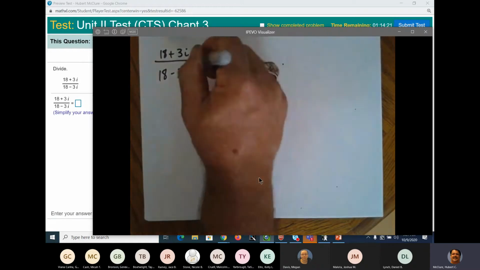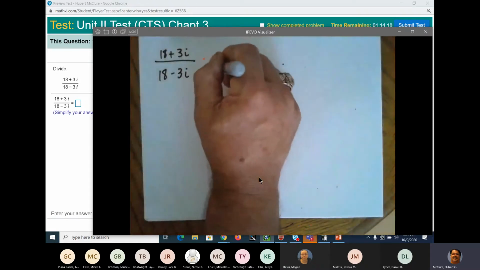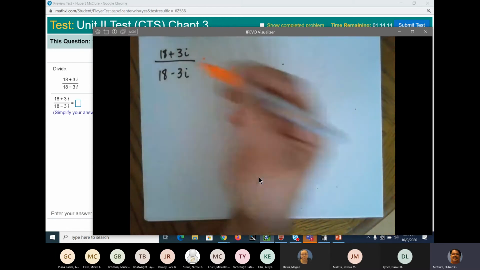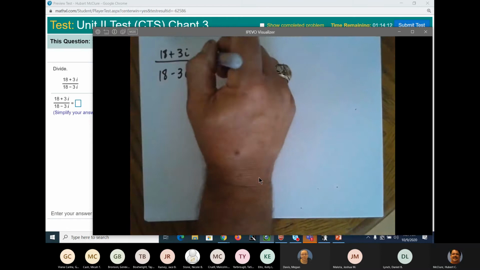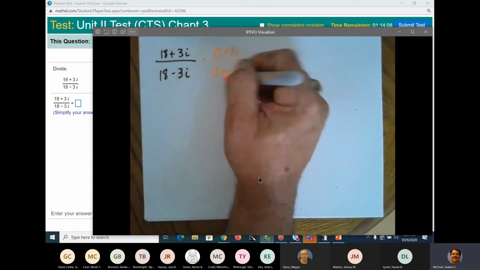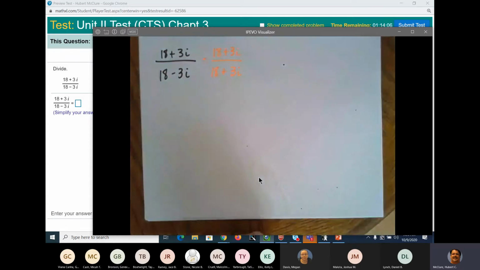So I'm going to use the conjugate. I'm going to multiply both sides by 18 plus 3i, which is the conjugate of 18 minus 3i. So I'm multiplying by a factor of 1. 18 plus 3i over 18 plus 3i is 1.